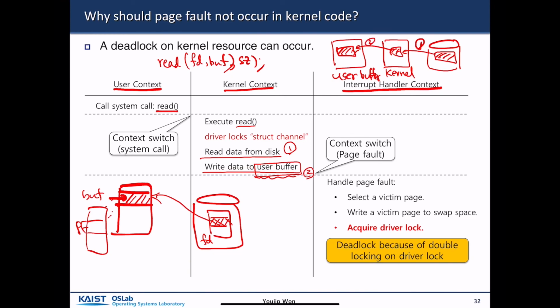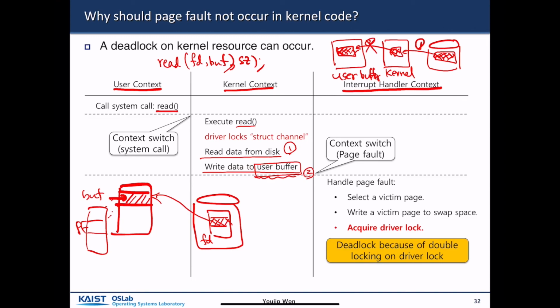But consider the situation. While we're loading the disk block from the disk to memory, somehow the operating system has swapped out the physical page that is associated with the user buffer. So this is non-existent. If it happens, when the kernel tries to copy the contents read from the disk, it generates a page fault, and then it does swap out, and it might have to allocate a new page frame from the free page list.